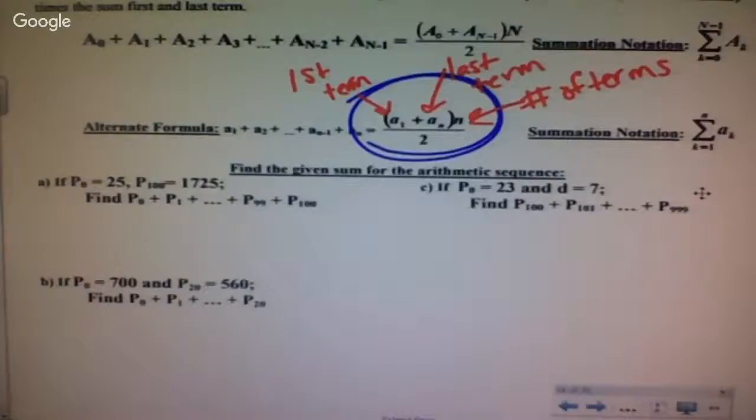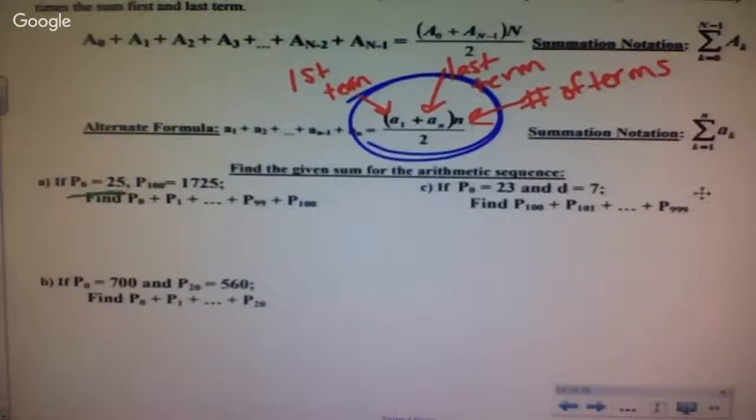So, if you look at this sequence, the numbers that they want me to add up. My first term is P sub 0. Well, what number is that? 25.